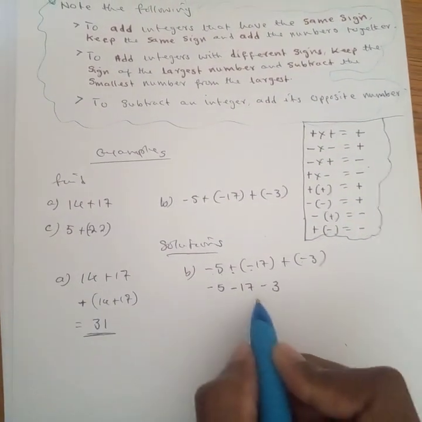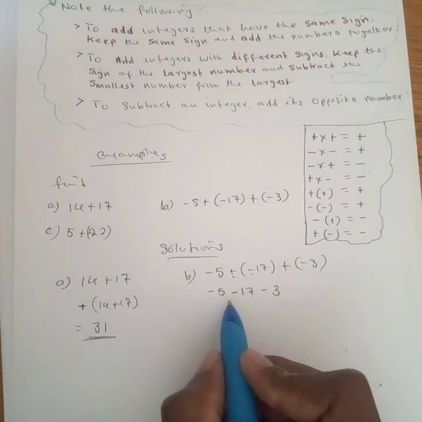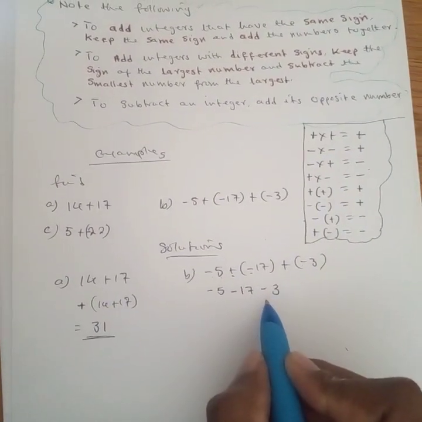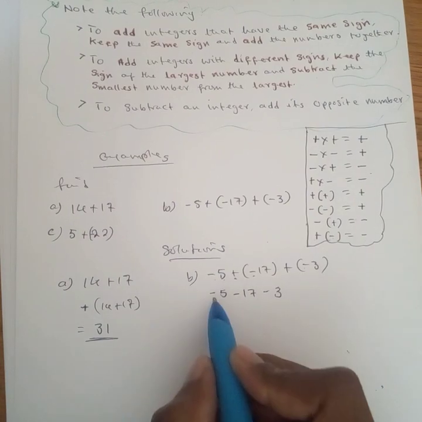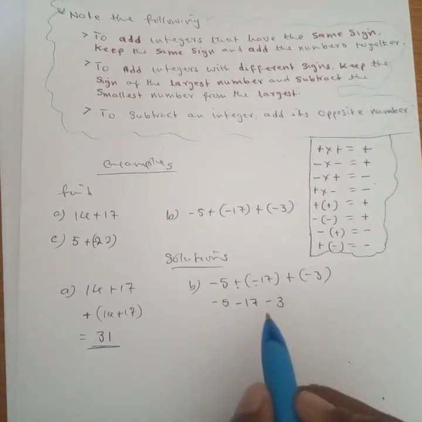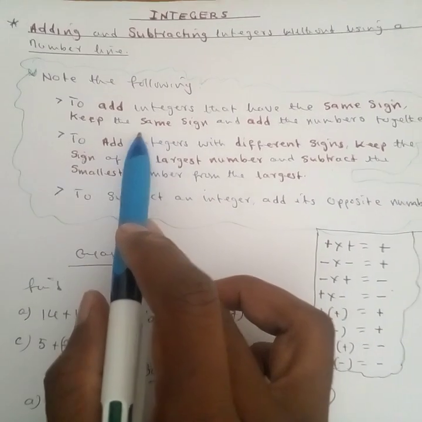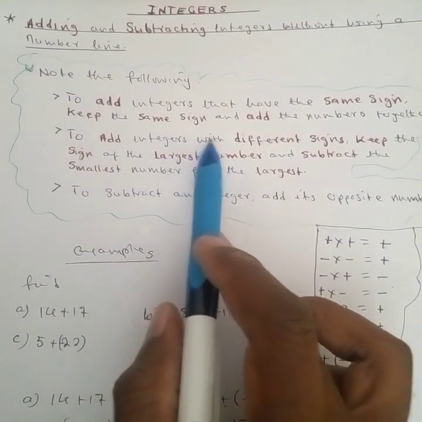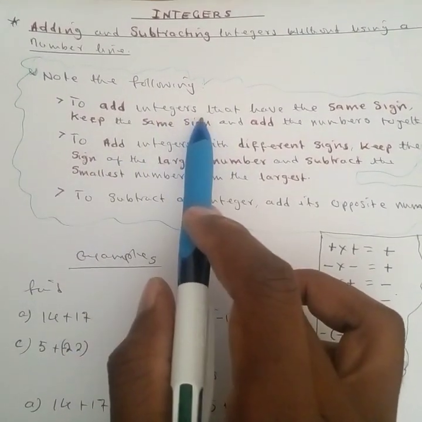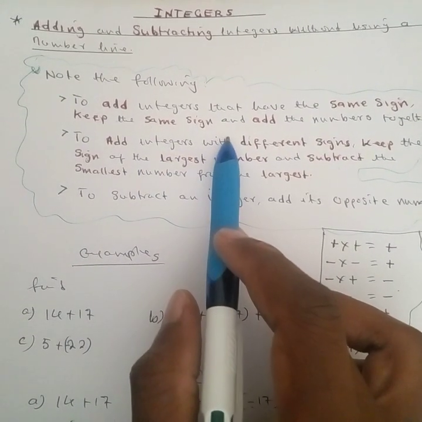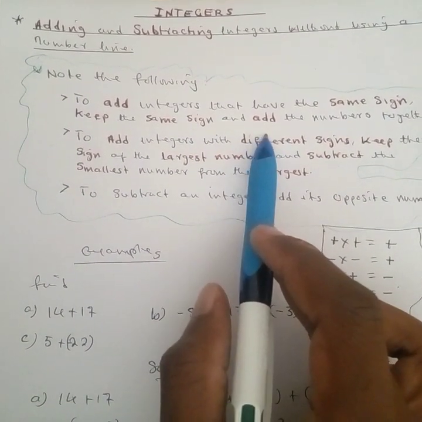Now we continue evaluating. When you look at the new question we have generated, the signs are the same. We have negative, negative, negative. The signs are the same. And what did we say if the signs are the same? We said to add integers that have the same sign, keep the same sign, and add the numbers.